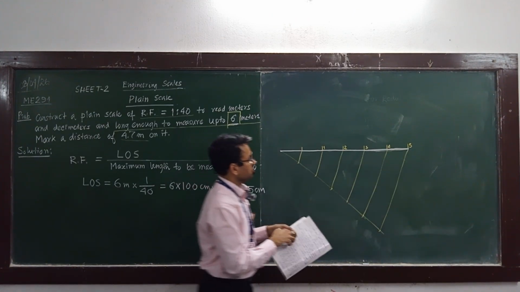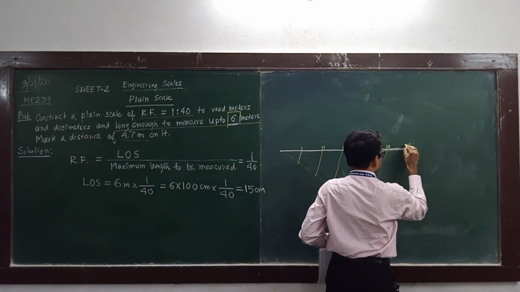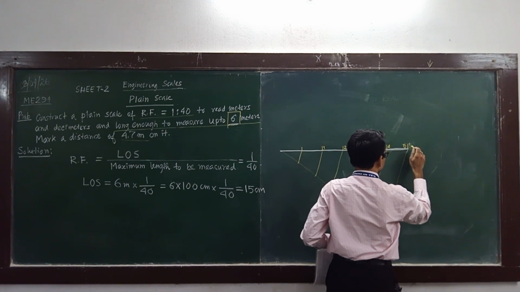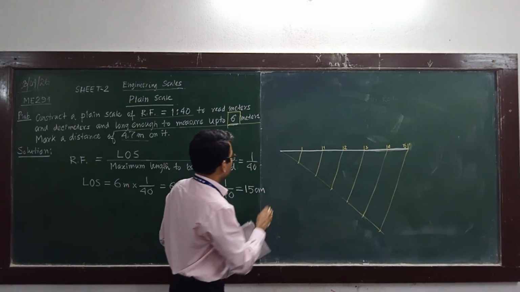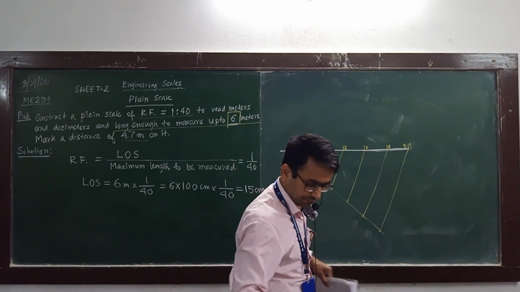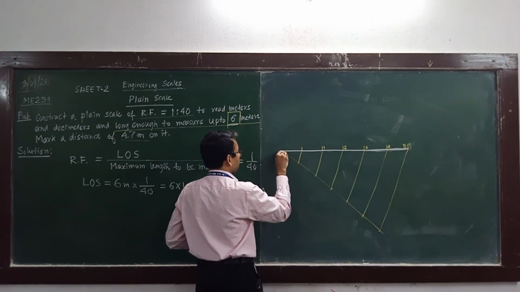One, two, three, four. Sorry, the 5 can be included within this because that will be the maximum length of the scales. Okay. This will be of 5 mm length, 5 mm wide.